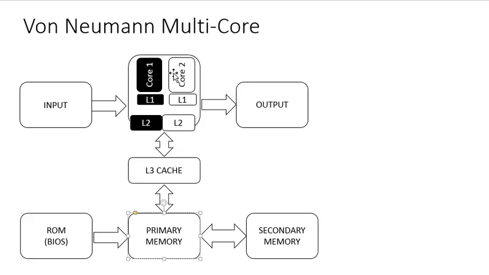As and when a core requires data from primary memory, there's usually enough information and data for the other core to still keep processing with whatever it has in its cache. If it doesn't have what it needs in its cache, it will then just have to wait. But in most cases, there's normally enough data for it to get on and do something else with out of order instruction execution and so on and so forth.